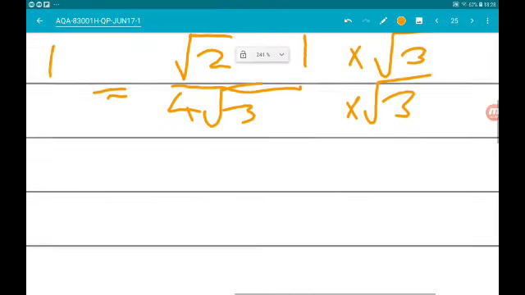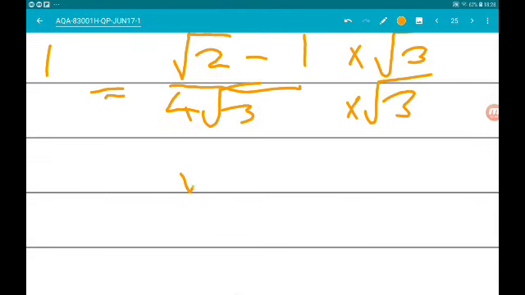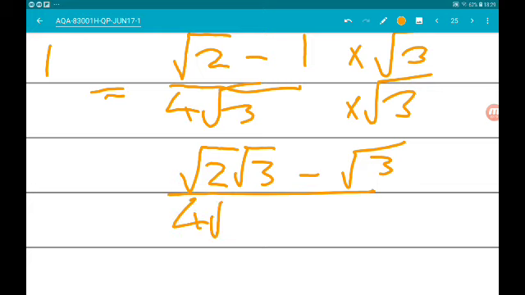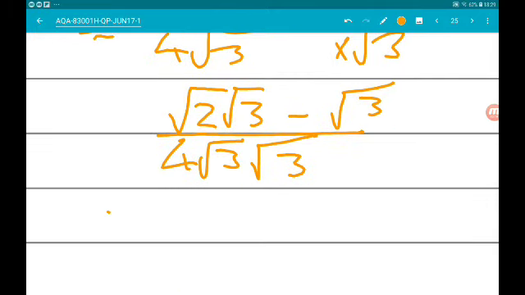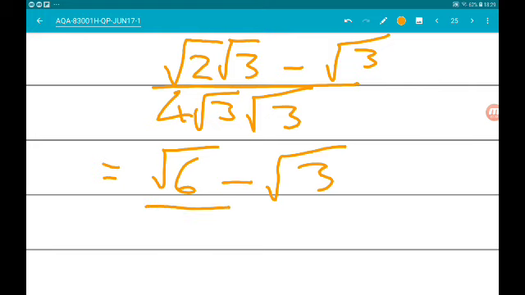So on the top, we are going to get root 2 root 3 minus 1 root 3 over 4 root 3 root 3. Now root 2 root 3 is root 6. So we've got root 6 minus root 3 over, now 4 root 3 root 3, well, root 3 root 3 is 3, so we've got 4 times 3, so we've got 12 on the bottom.